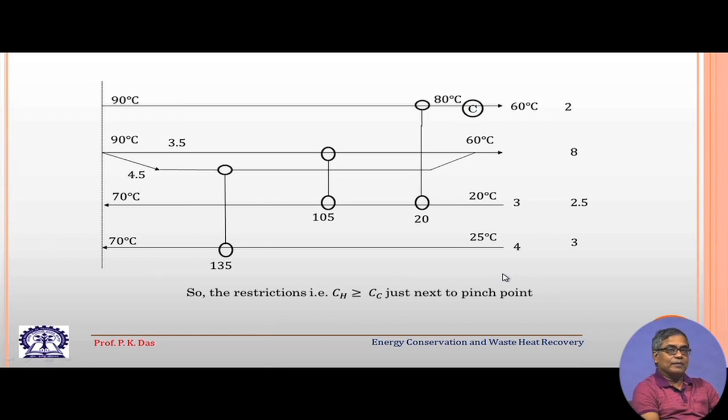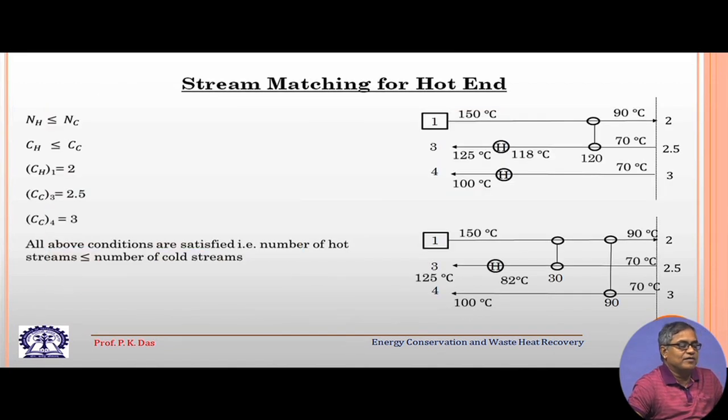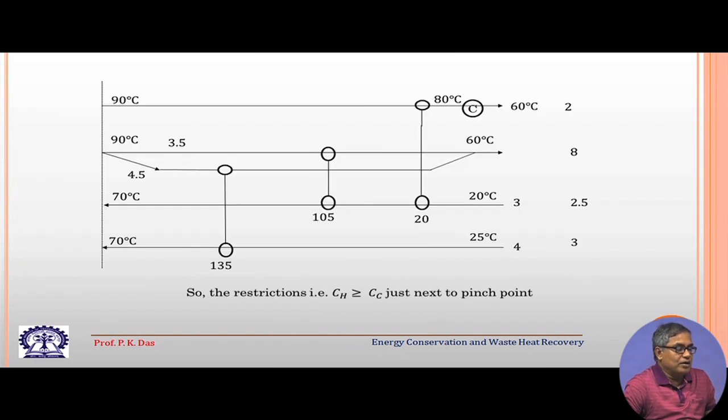So, with this we will be able to design the cold end. Other possibilities are there, we can have an alternative design of the cold end. We have also got two alternative designs of the hot end, and we have got one design of the cold end.